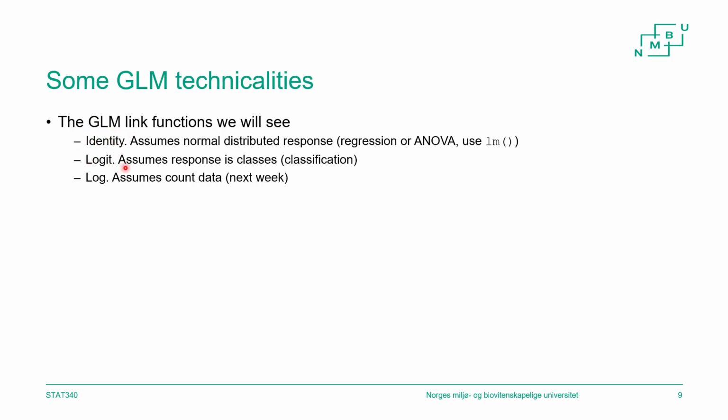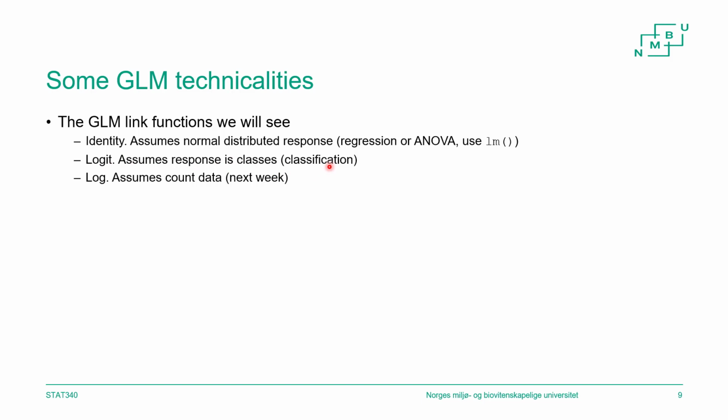Then we have the logit that we saw now, and this assumes the response is classes, right? So it's a categorical response with two classes, with this logit function. Two class classification.